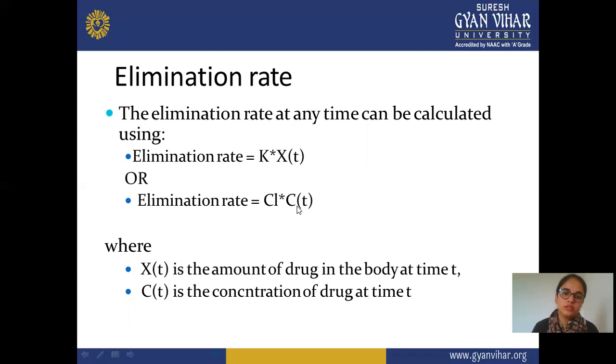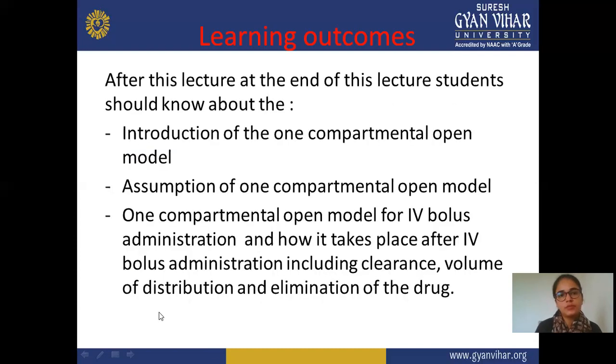Clearance into C, the concentration, where XT is the amount of drug in your body at a particular time, meaning the total amount of drug. CT is the concentration of the drug at a particular time. So this is the amount of drug and this is the concentration of the drug at a particular time T.